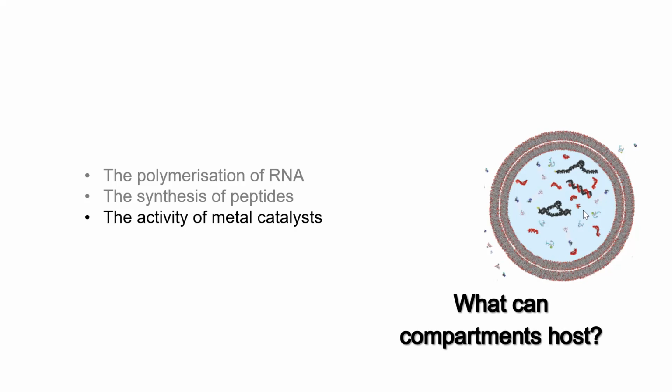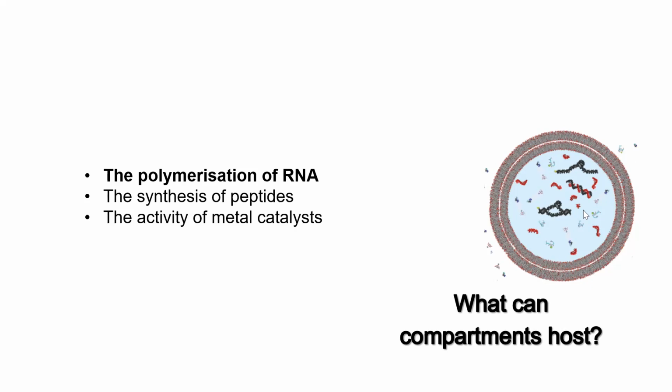But definitely among these three types of chemical reactions and chemical processes that have been studied inside liposomes or coacervates, inside of compartments, polymerization of RNA is definitely the most well studied.